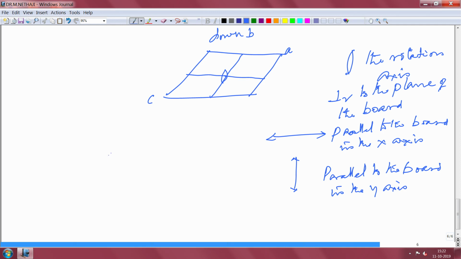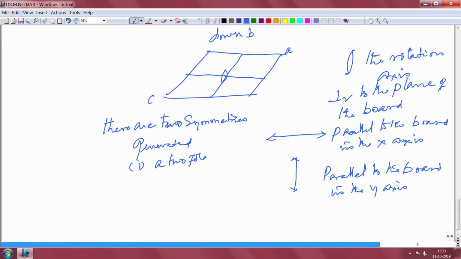So, in the case of monoclinic, there are two symmetries generated, that is, one, a twofold axis along the B axis.